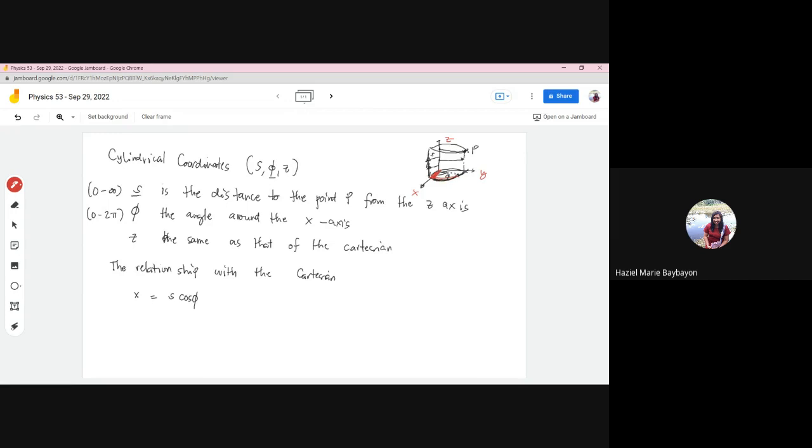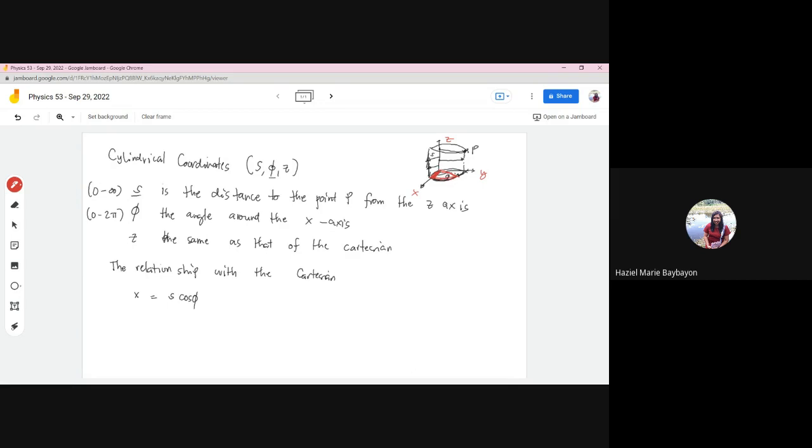So the length of this side is equal to S cosine phi because kini siya nga length diri, the hypotenuse, mura siya the hypotenuse of this right triangle formed by the x, the hypotenuse, and this one.